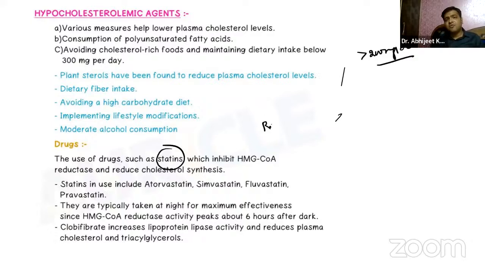We have various statins. We have rosuvastatin, we have atorvastatin. Maybe in your family members also they might be consuming these drugs to lower the cholesterol levels, right?